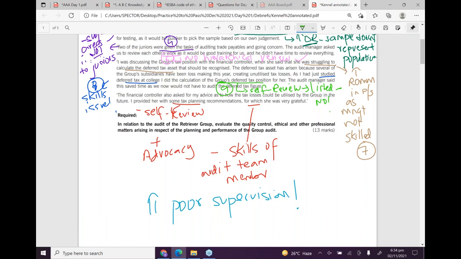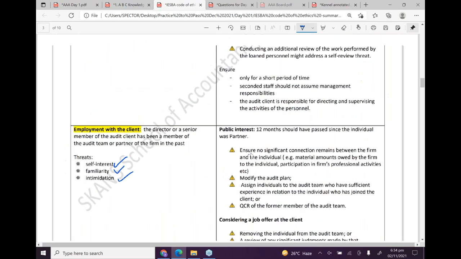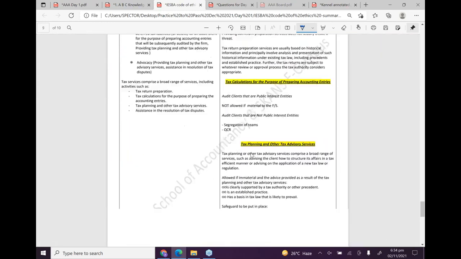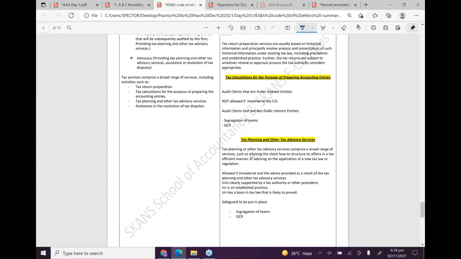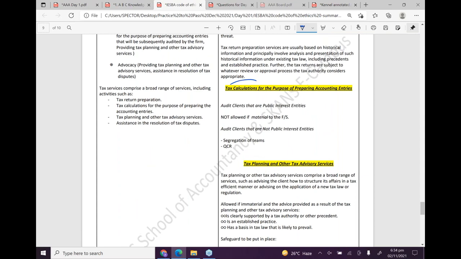Calculation of tax. So let's go. I'm going to go to the handout, go all the way down where the tax services are mentioned over here. Look at this. So tax calculation for listed companies are not allowed.